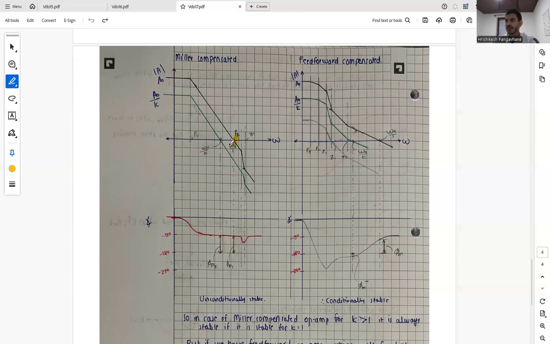So even though we have higher k values, and even though our omega u is shifted towards lower frequencies, still we will be getting good phase margins.